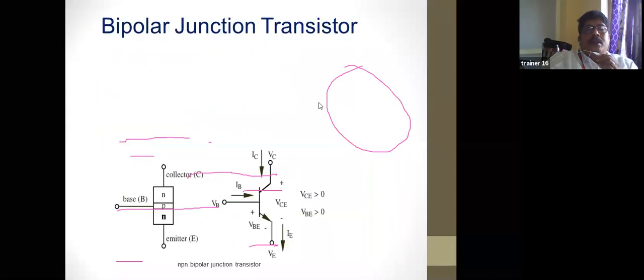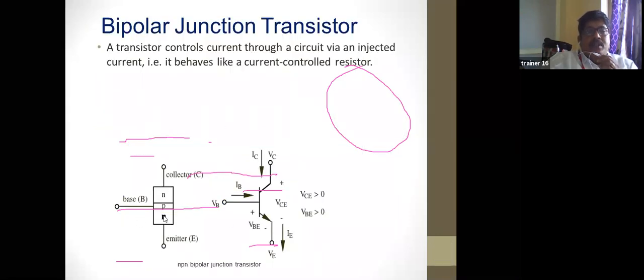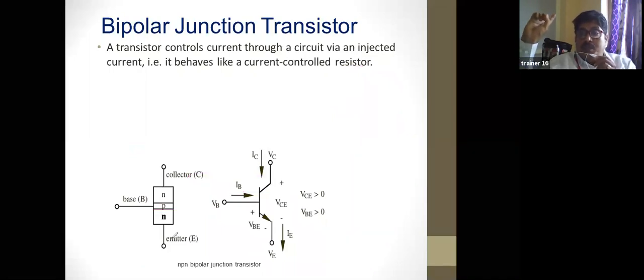The next, this is a bipolar junction transistor. See here, there is an NPN transistor and a PNP transistor. A PN junction diode has 2 terminals, but a transistor has 3 terminals: base, collector, and emitter.